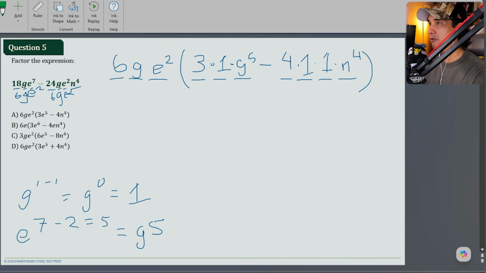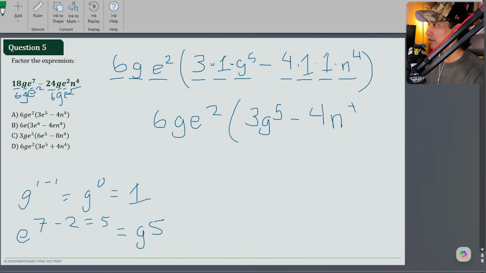What we're left with now is 6g e squared, parentheses, 3g to the 5th power minus 4n to the 4th power. And that is our factored expression. So what answer choice is this? Well, just looking at everything, it is A.